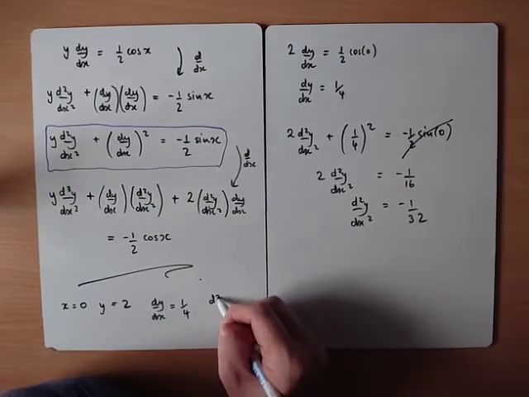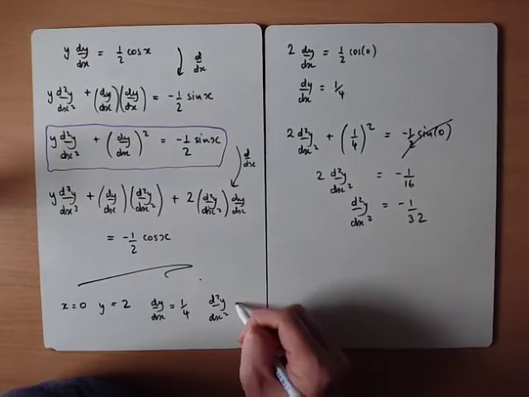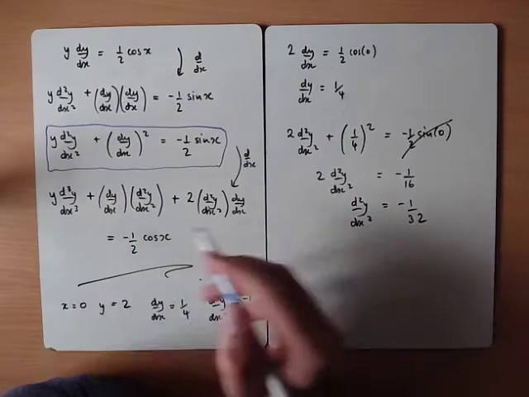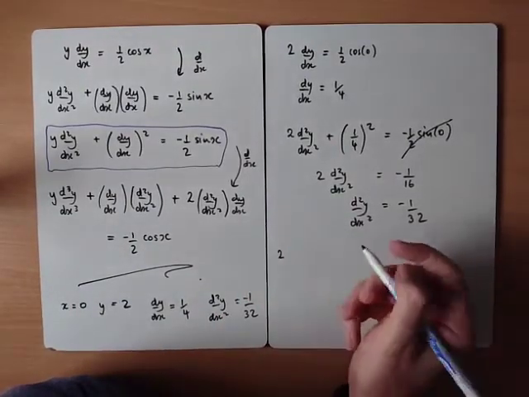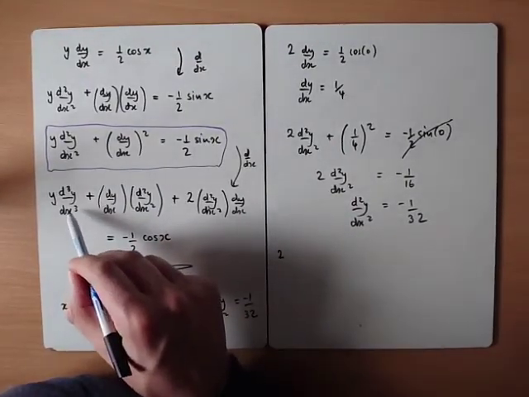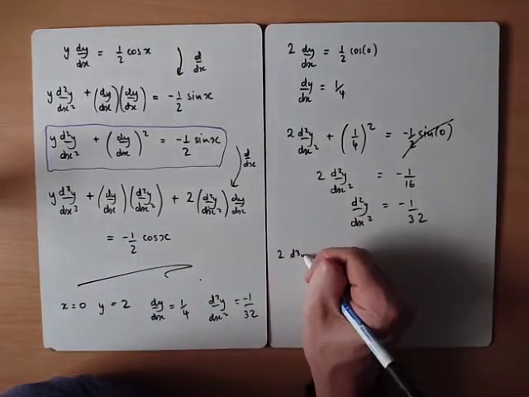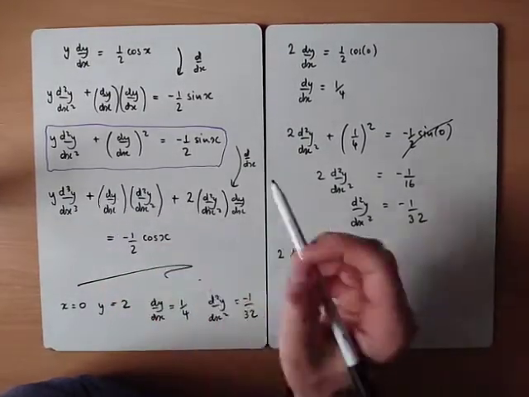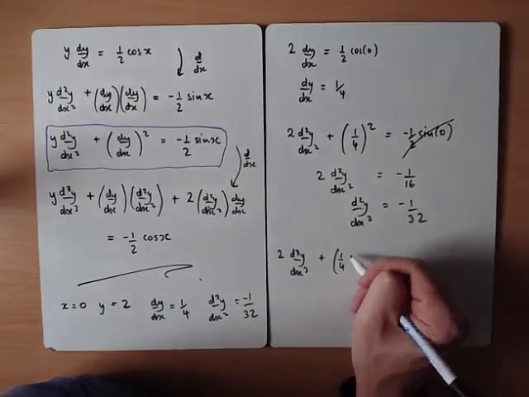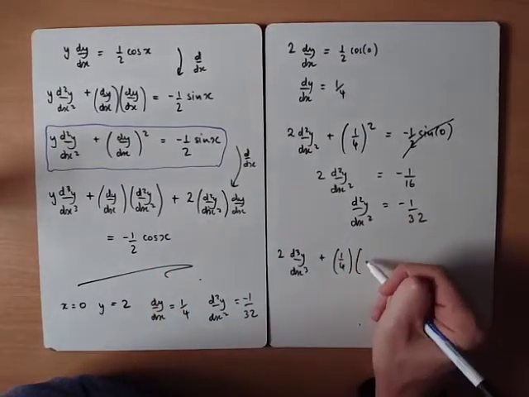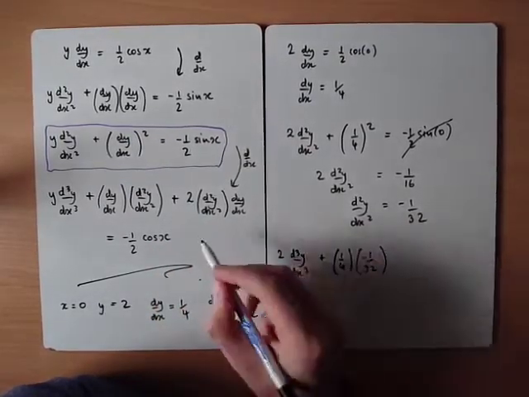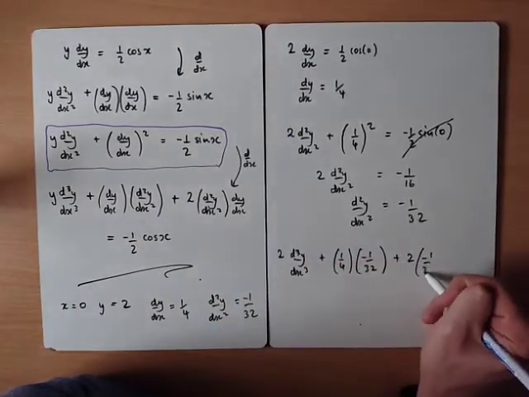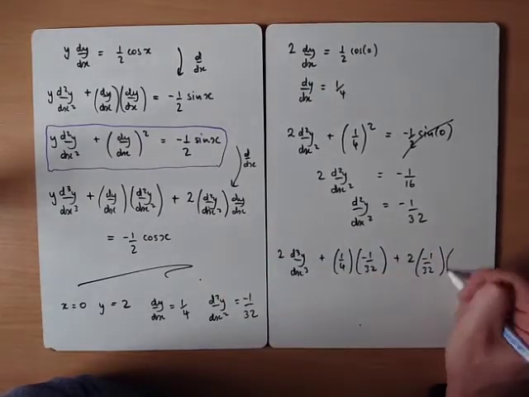Finally, we just need to figure out the third derivative. So we've got y, which is 2, d3y by dx cubed, which is what we're trying to find, plus dy by dx, which is a quarter, second derivative, which is minus 1/32, 2 lots of second derivative times my first derivative.